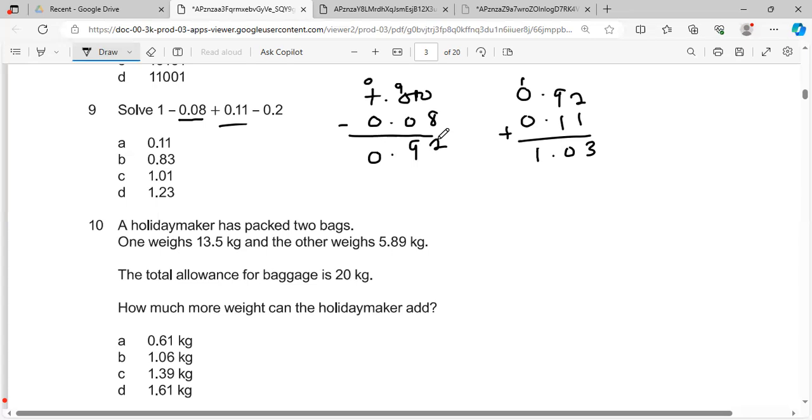And then you're going to take away 0.2. So remember the rule says decimal point on decimal point. Agree? That's right. 0 from 3. 3 from 5. All right. 2 from that you can't. So you basically borrow the 1. So it's actually 0.83.